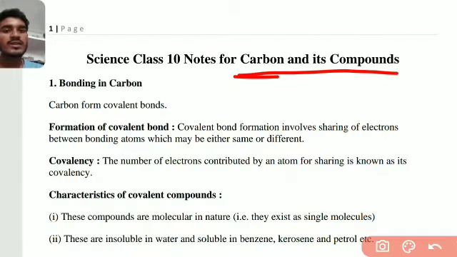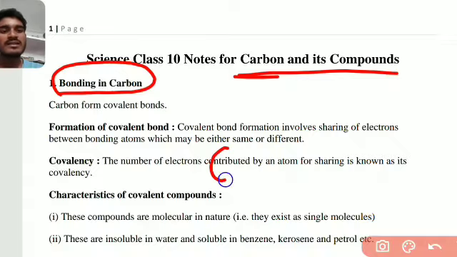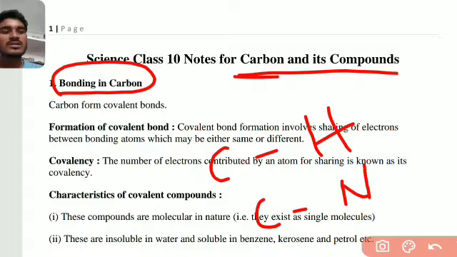Now we enter bonding in carbon. How the carbon atom bonds with other atoms, we'll see now. Already I told you that carbon is bonded with hydrogen, and carbon is bonded with nitrogen. Nitrogen carries a triple bond here, so this is a cyanide ion.